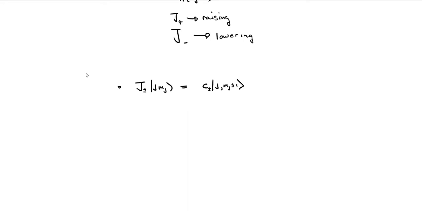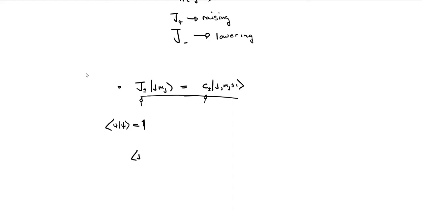So we need to go through this to determine what the action of these operators is. To do that, we just normalize these and see what C_± is, right? We know normalization is essentially just that. So if we take this equation here and normalize them, what do we get?